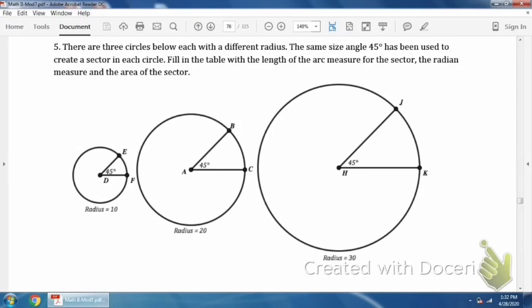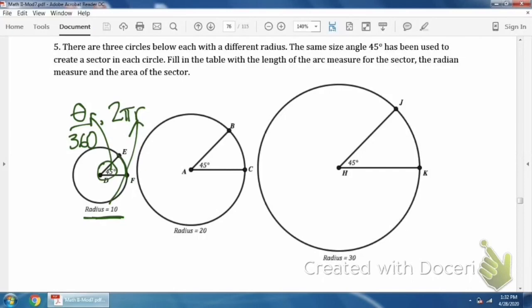We're looking for the distance from E to F, so it's going to be angle divided by 360. Remember, it's arc length, so we're multiplying it by the circumference formula. The angle is 45, the radius is 10. You just plug them in.